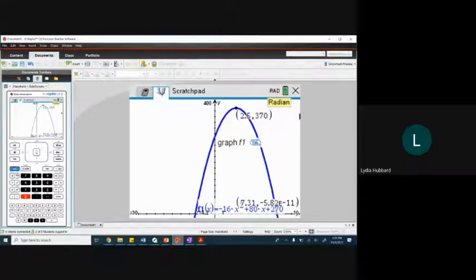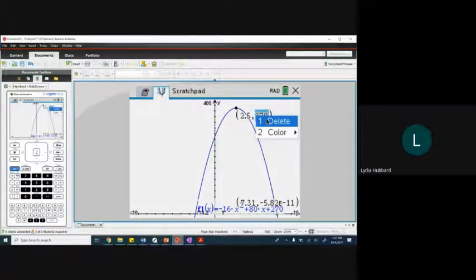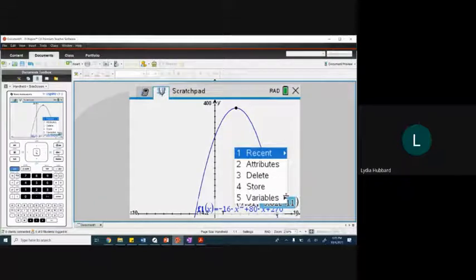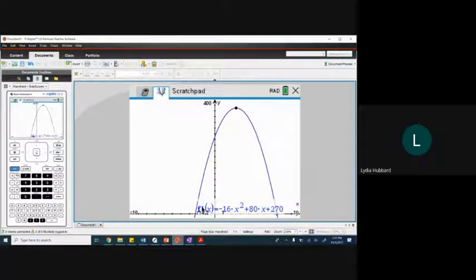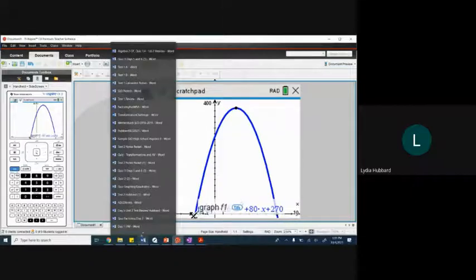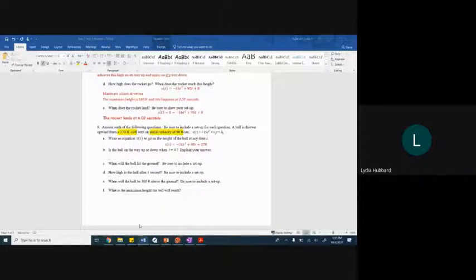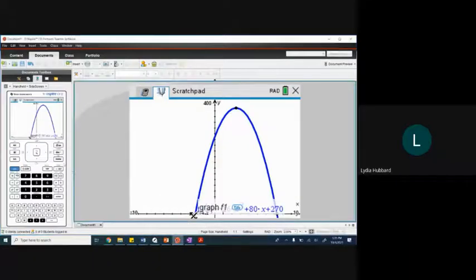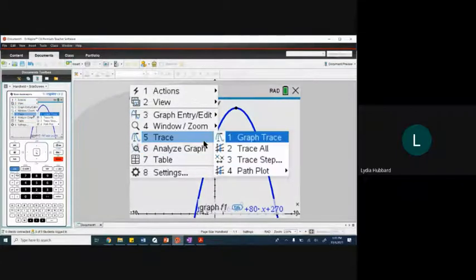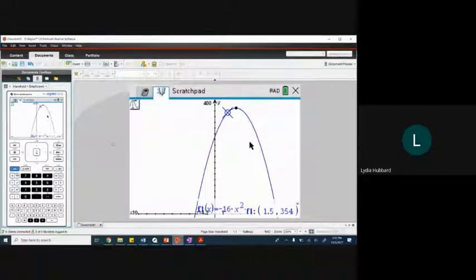So this is asking whether we're going up or, sorry, I want to delete these so I can show you how I'm getting them. Okay, so this question is asking whether we're going on our way up or on our way down when time is 4. So all we need to do in order to figure this out is hit menu, graph trace, and we're just going to type in the number 4 and hit enter. So we can see right on our graph it's happening here, and that's headed on the way down.